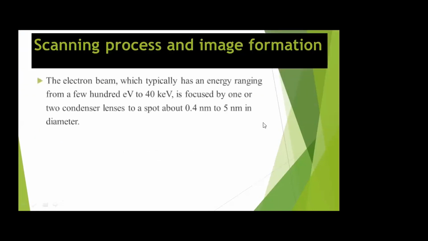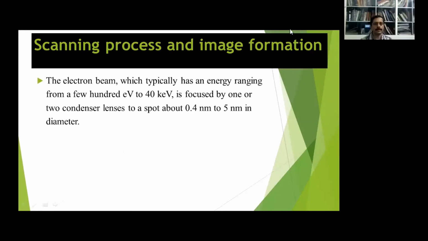Further, the electron beam which is generated here typically has an energy ranging from a few hundred electron volts to about 40,000, that is 40 kilo electron volts, and it is focused by one or two condenser lenses to a spot about 0.4 to 5 nanometer in diameter.